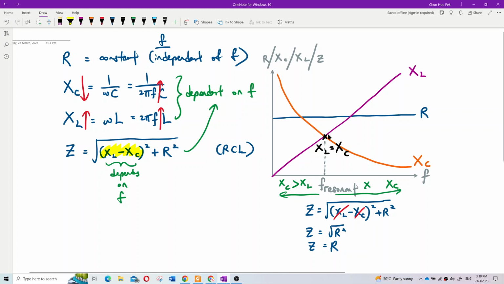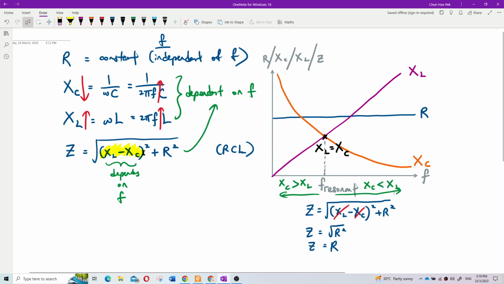So before, XC is bigger than XL. Now after, XC is smaller than XL. So no matter what, before and after, they are not equal.